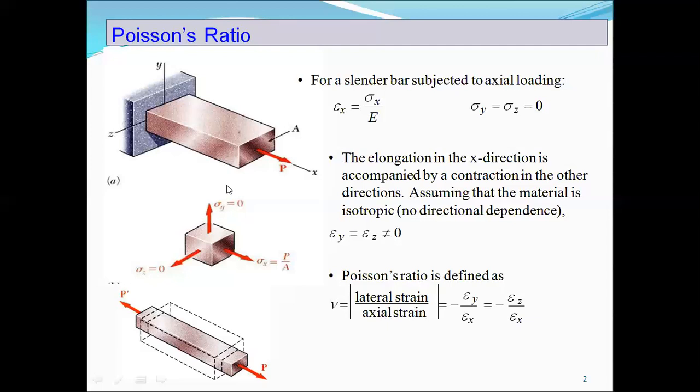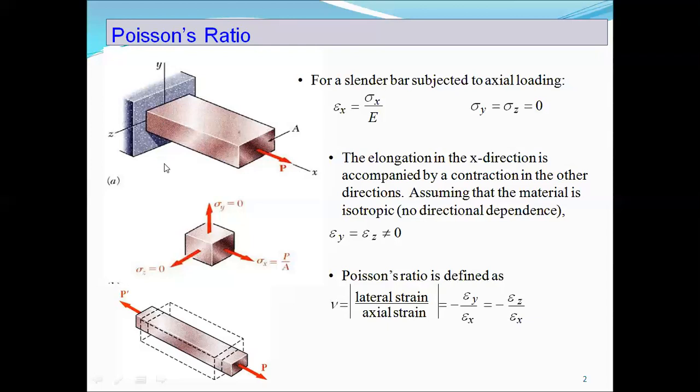Now come to strain. If we apply this load P, which is a pulling load, or a tensile load, what would happen to the material? The material would elongate. The length of the material would increase. However, this increase in length is accompanied by a decrease in the dimension in z direction and the dimension in y direction.